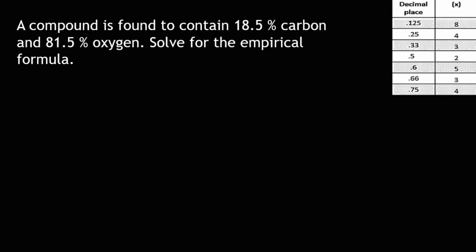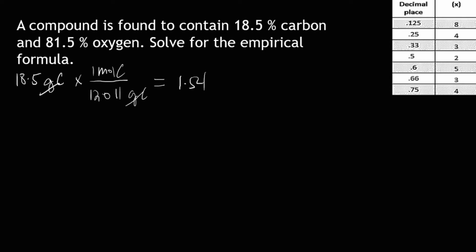So our 18.5% can be written as 18.5 grams carbon, multiplied by 1 mole carbon over the molar mass, 12.011 grams carbon. We cancel the grams, and this gives us 1.54 moles carbon.